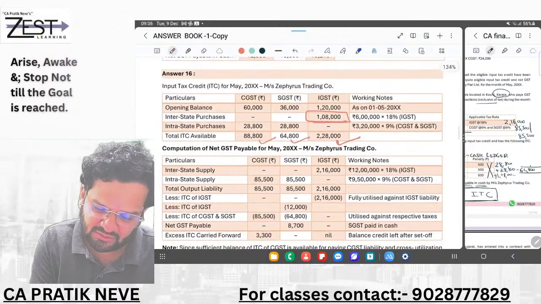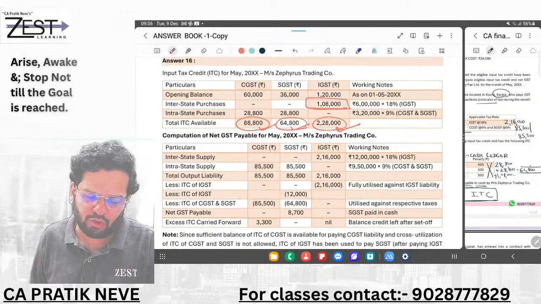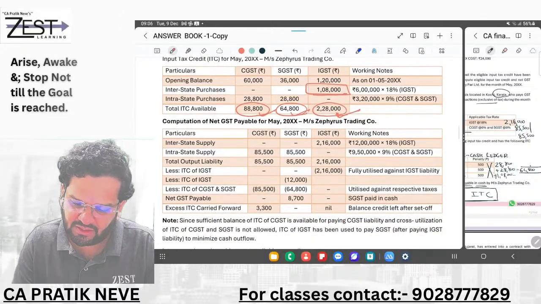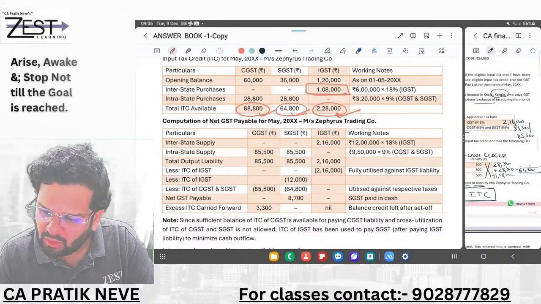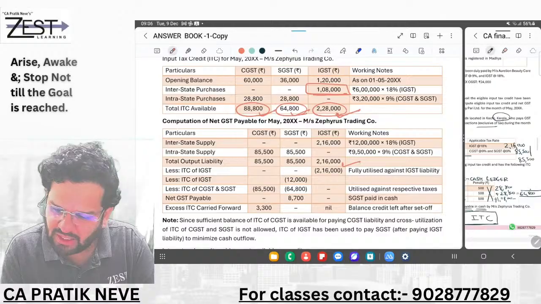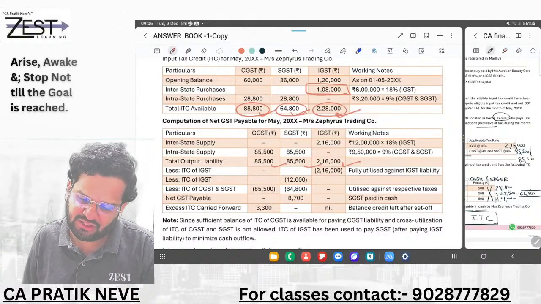These are the ITCs, friends. Now, output tax will be, as we discussed, 2,16,000 IGST, 85,500 CGST and SGST.